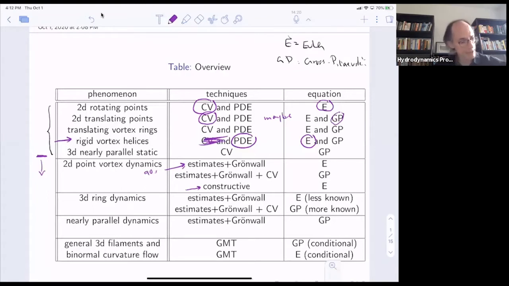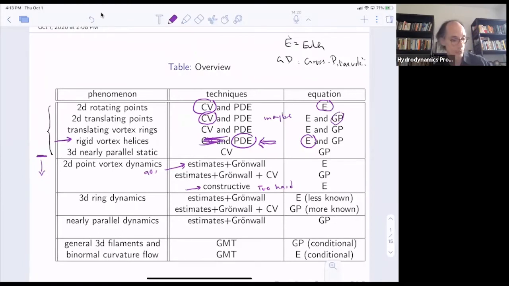The reason I want to discuss this PDE result on vortex helices is that this is really too hard. It's like a 50-page paper, whereas, as we'll see, the other proof is easy, it's short. But this PDE argument up here for vortex helices gives you an idea of the character of these kinds of approaches to these problems.